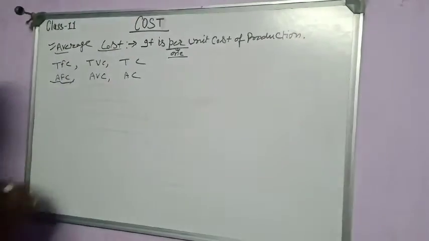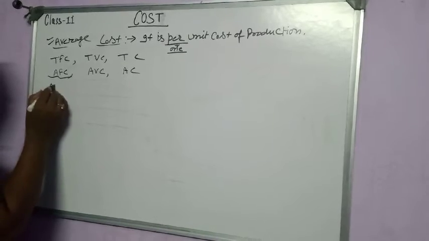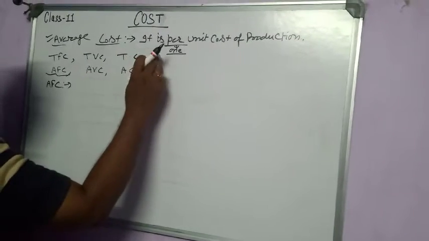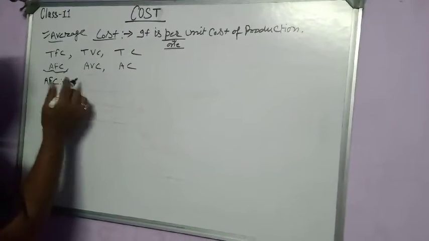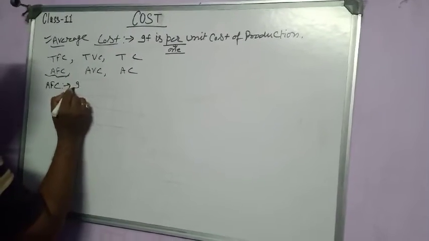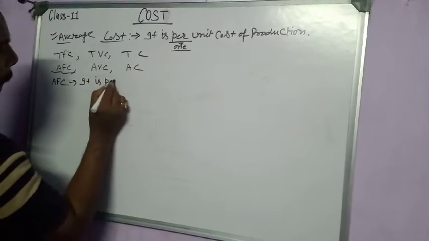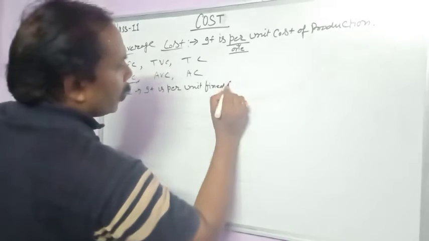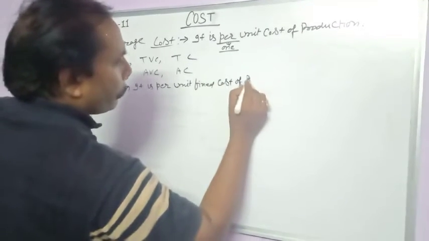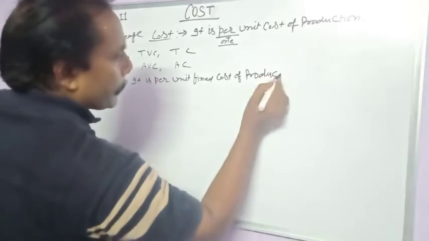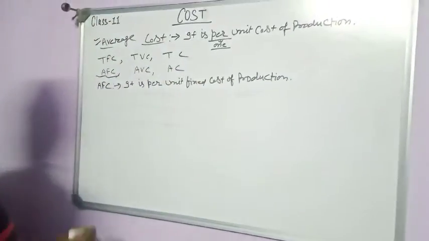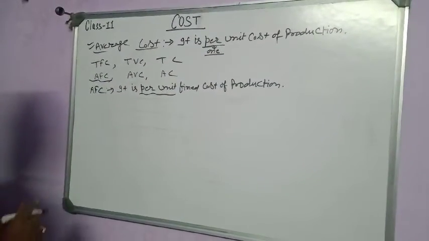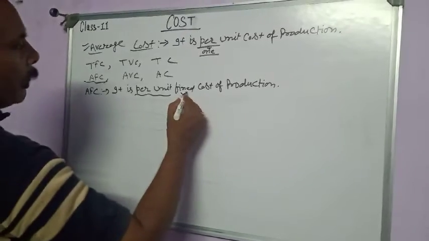Okay. Now if we discuss the AFC, again we will say it is the per unit fixed cost of production. Clear? So it is the per unit, means what is the cost of 1 unit of production in terms of fixed.